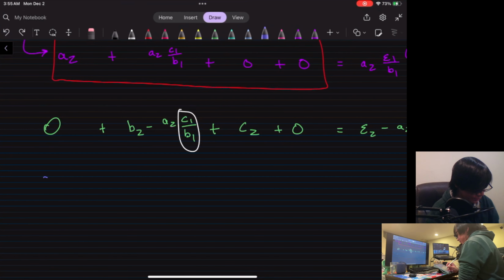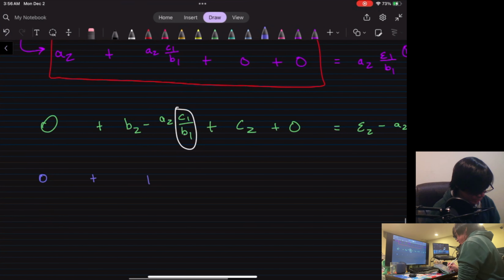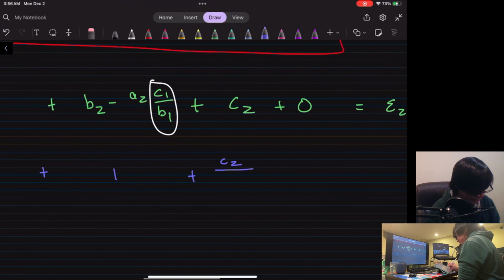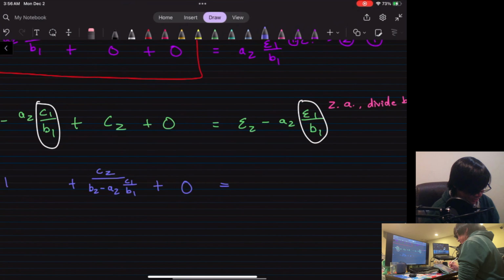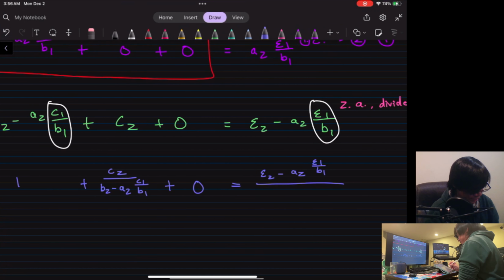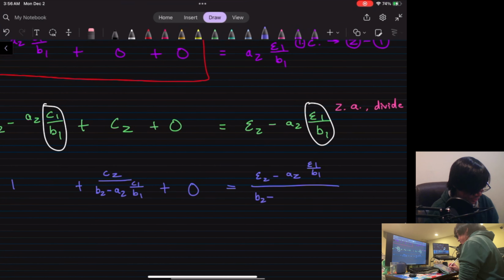So it would be 0 plus 1, divided by itself, and then c2 over this funny looking thing, b2 minus a2 c1 over b1, plus 0 is equal to, of course, epsilon 2 minus a2 epsilon 1 over b1, all divided by this modified b term. I'll be calling that b mod in the code. So c1 b1.